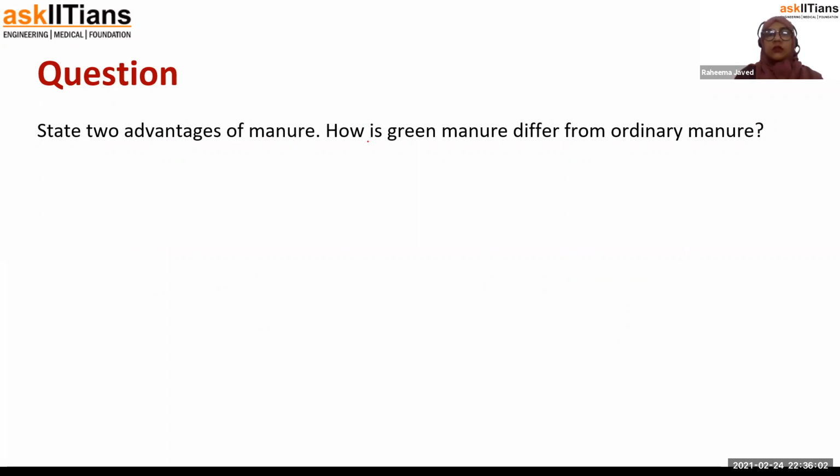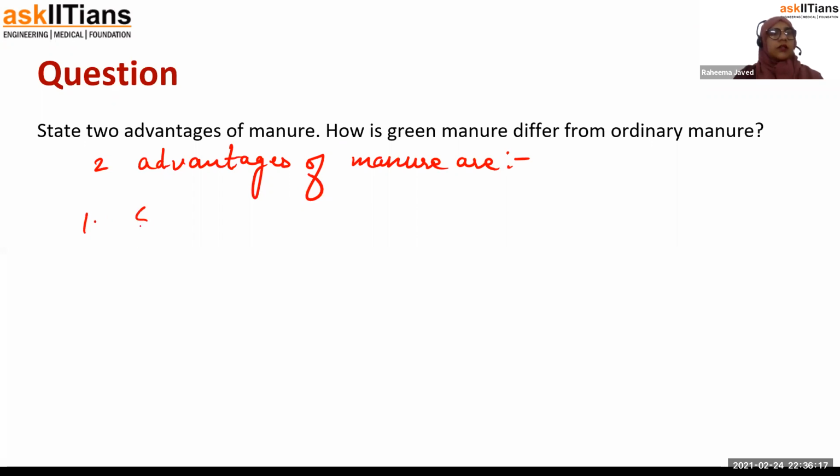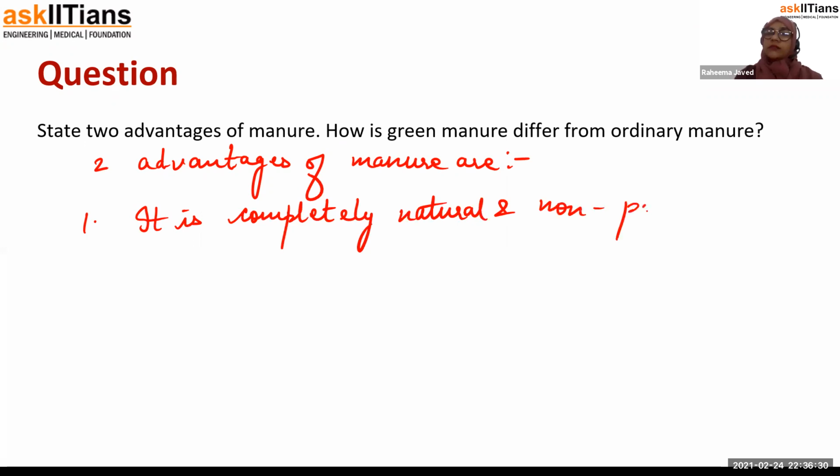So the two advantages of manure are, first, it is completely natural and non-poisonous to other living organisms.